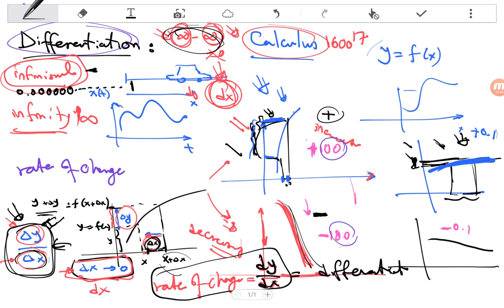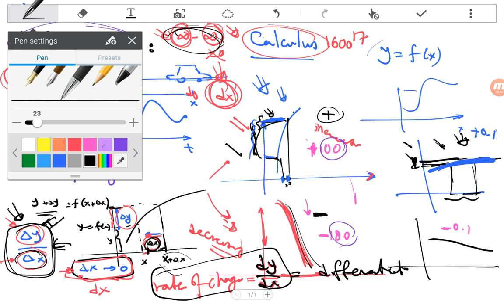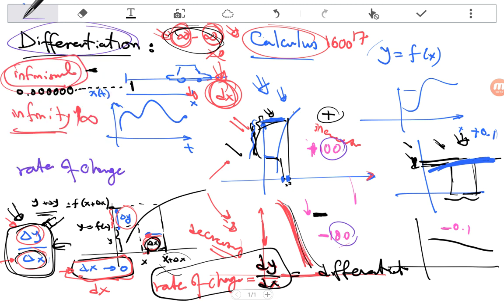Now, I need to relate the concepts with each other. Geometrically, what would that represent? Now, what is delta y by delta x? It is just the slope of this line. So whenever you make delta x approach 0, what would happen to that line?